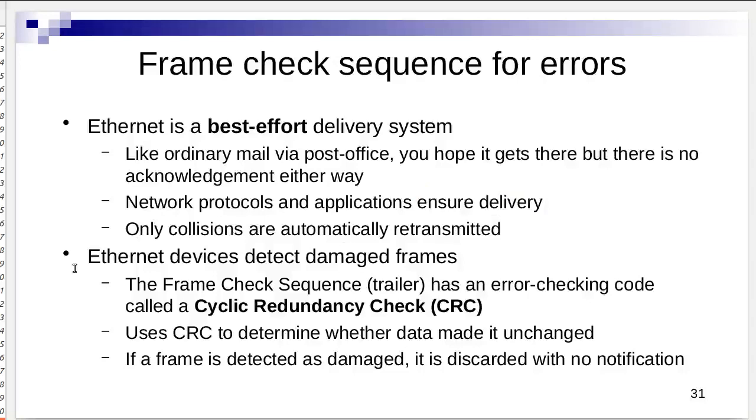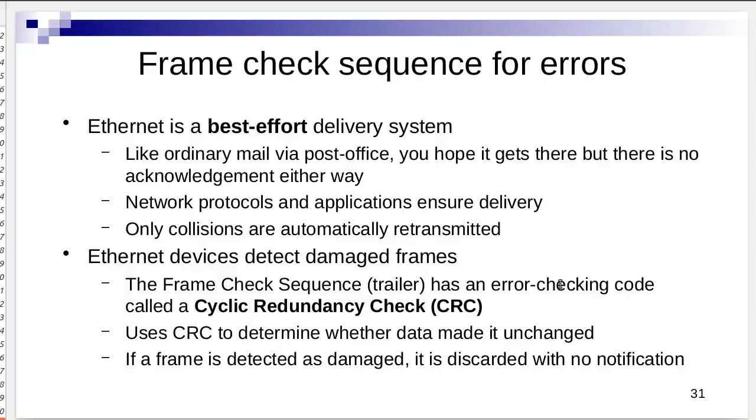Okay, and then Ethernet devices can detect damaged frames due to bursts of interference, like a power cord next to an Ethernet cable, and then this surge or something can change the bits in a frame. And so that's what this frame check sequence, or the trailer of an Ethernet frame, is used for.